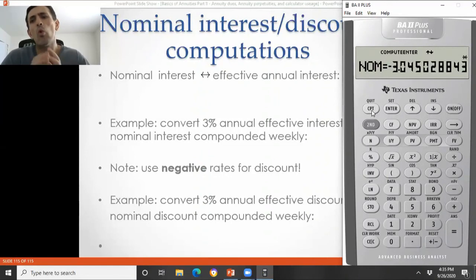So I want to say one last thing, and that is, you saw using the formula for nominal discount was a little awkward, particularly to put the y to the power and input the parentheses, because you only have one single line here. You can't really see what you're inputting.